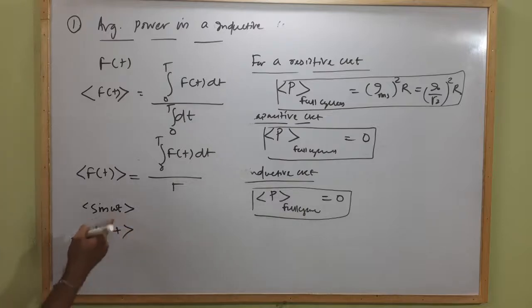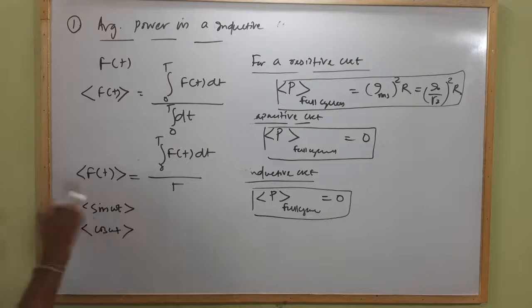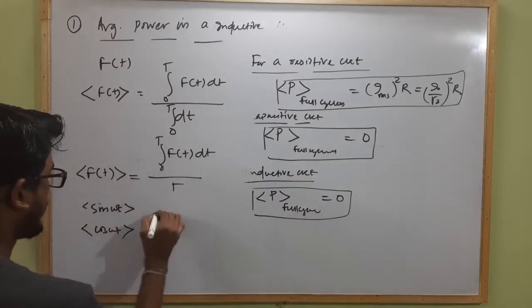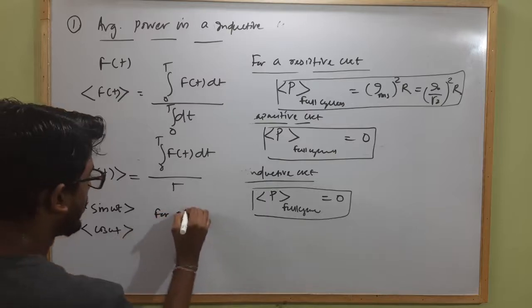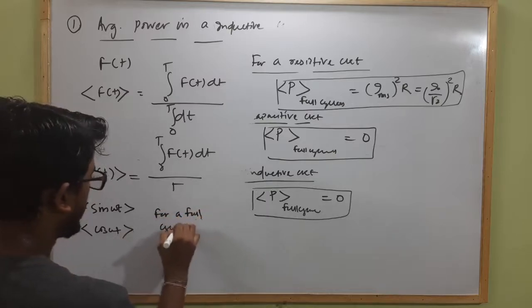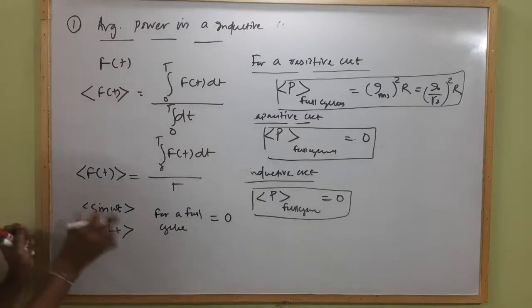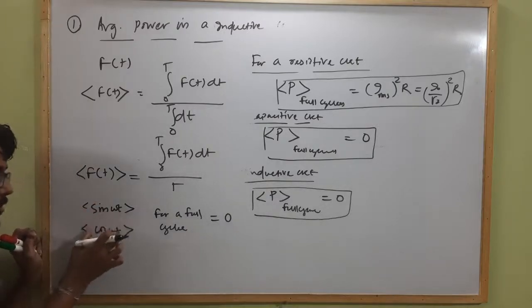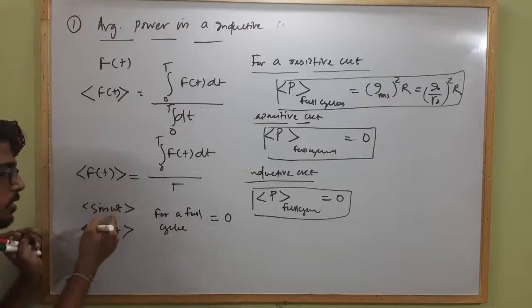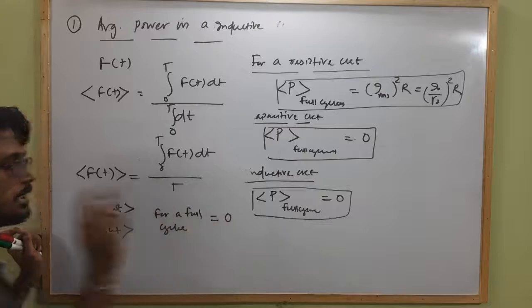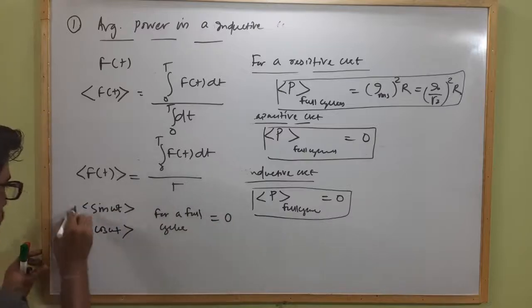Here cos and sin are functions of time, so the average value of sin omega t or cos omega t over a full cycle, you have to remember this, is 0. Clear? The average value of sin omega t and cos omega t over a full cycle is 0.